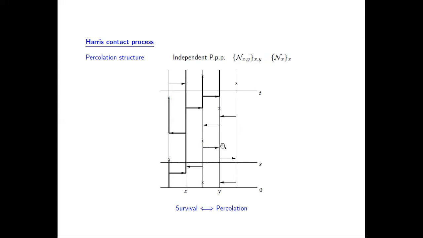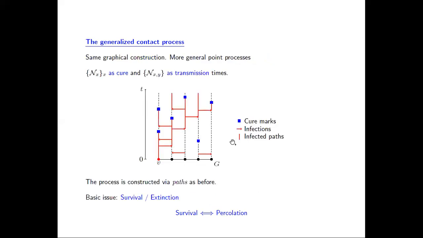So thinking this way, as a percolation model, you may naturally replace your Poisson processes by more general processes. This is the same picture as before, just drawn differently to call attention to the fact that now we have different processes. The point processes N_x and N_{x,y}, the cures and the transmissions, can in principle be any quite general point processes, but the construction is exactly the same.